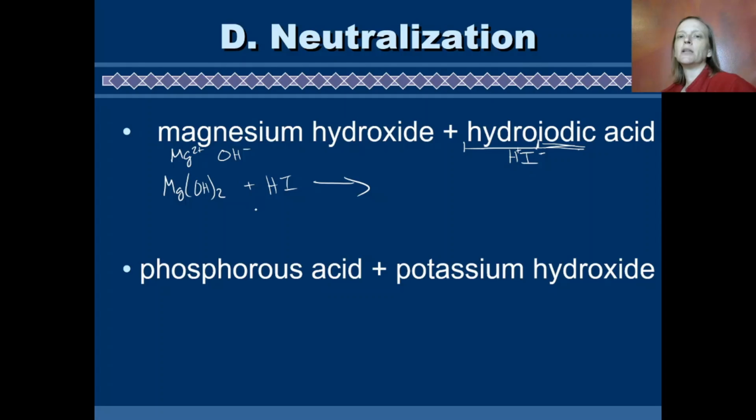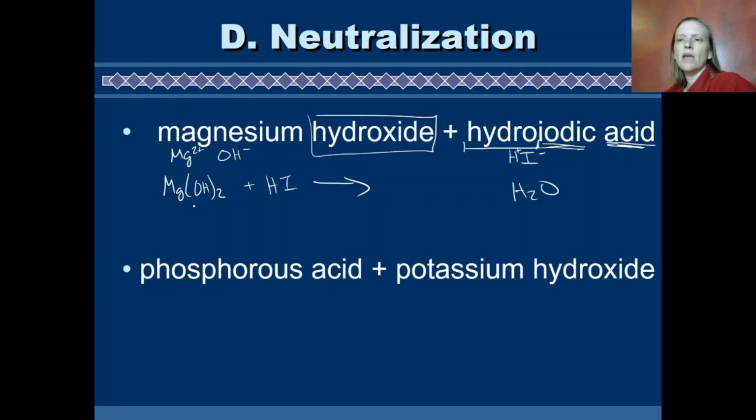This is a double displacement reaction, and it's a neutralization reaction, so I know that one of my products is water. If I have an acid plus a base, anything that has hydroxide in it is definitely a base, then they are going to react to form water.